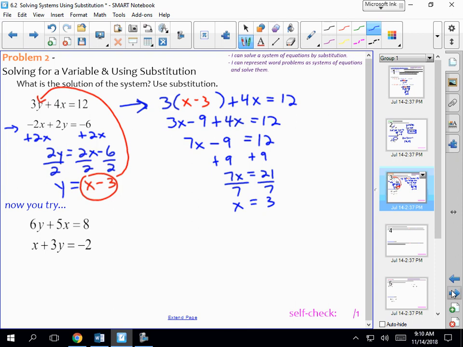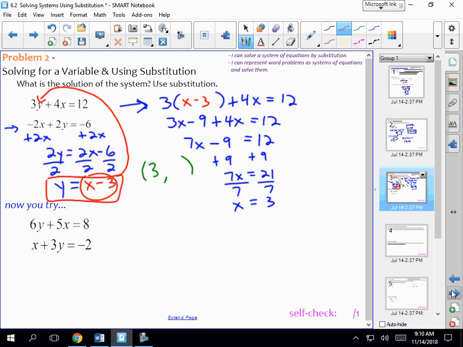So if I were to write my solution down, I've got 3 comma something. How do I get the y coordinate that goes with this 3? You do, and I've already solved this for y right here. So if you look at this guy right here, this is the one to plug it into.